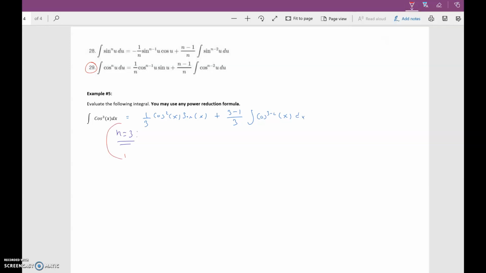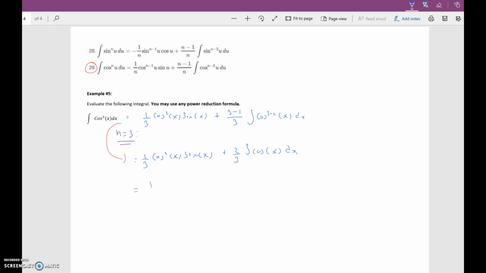So this one, using the power reduction formulas, which is in this case the most appropriate to use, we're just going to end up with 1/3 cosine squared of x sine of x plus 2/3 integral of cosine of x dx.